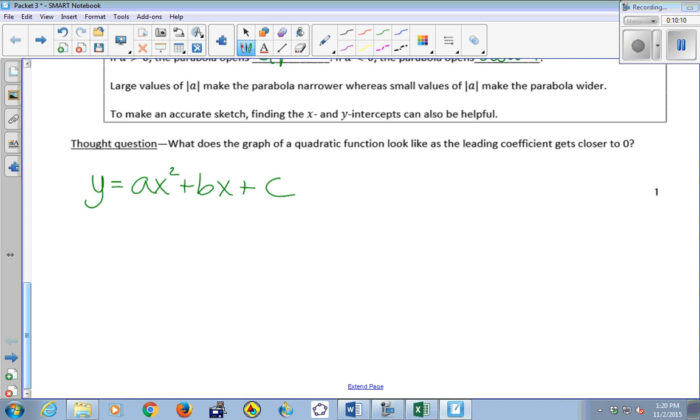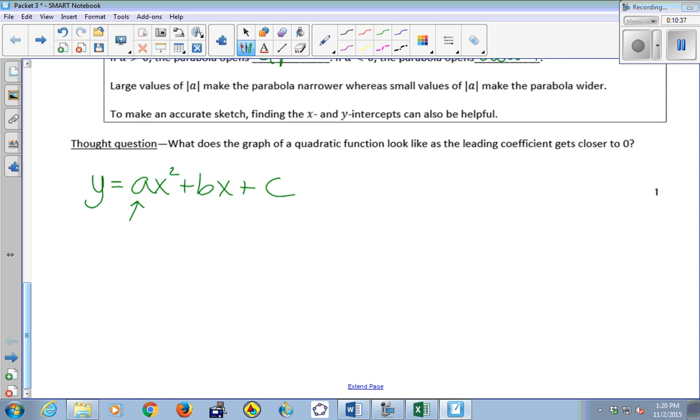If you let this value of a get very close to 0, teeny, teeny, tiny, what happens to the quadratic function? Yeah, the quadratic term is going to get really close to 0, because when you multiply by something that's really small, the whole thing gets really small.